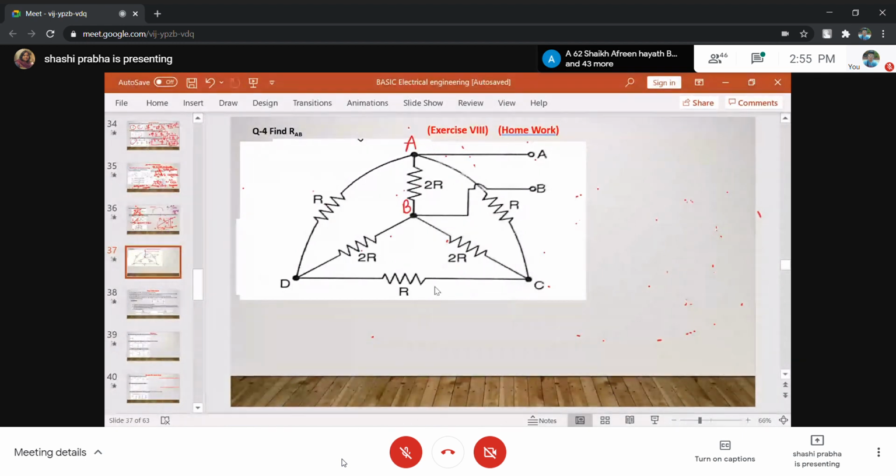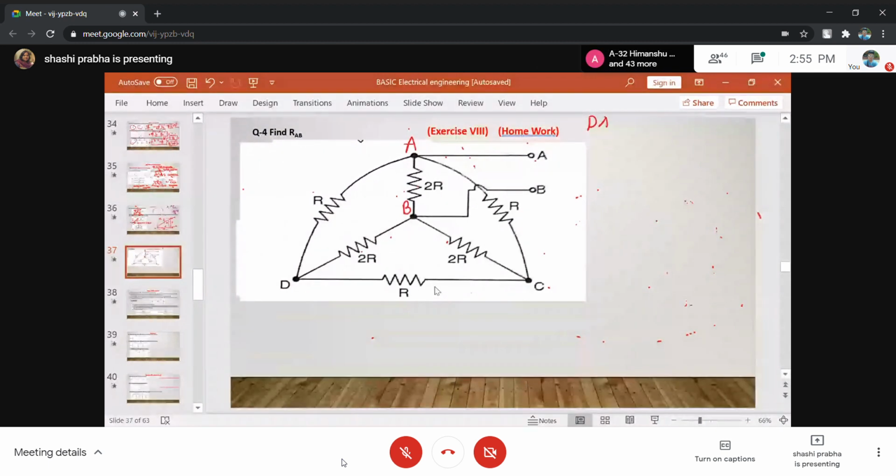Can we have this D A, D B and D C? This is a star. Convert this into a delta.